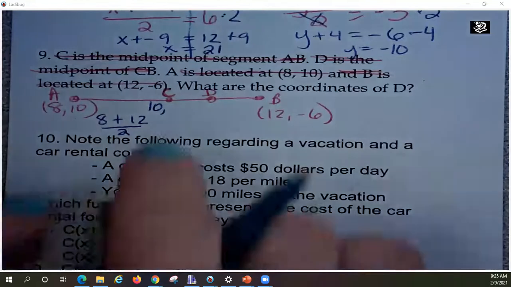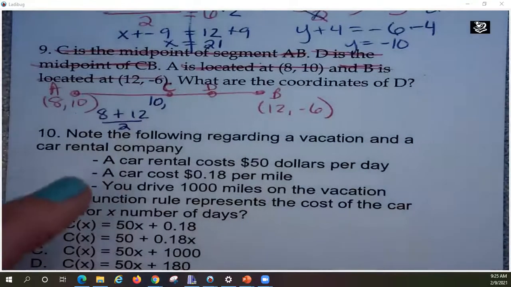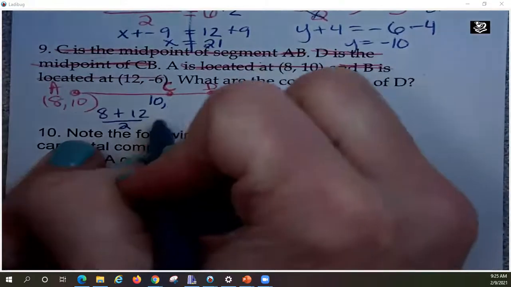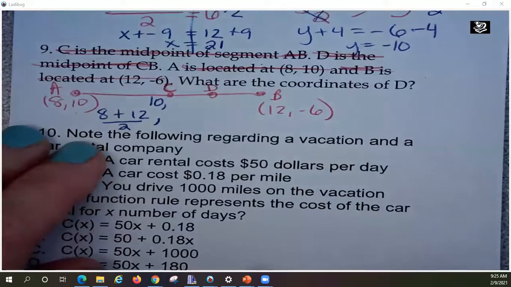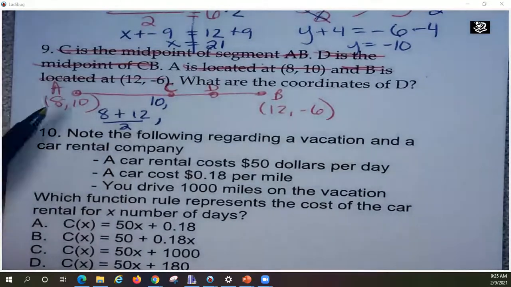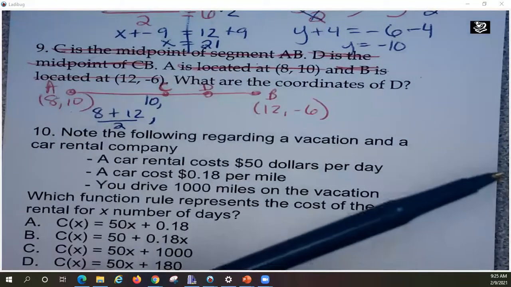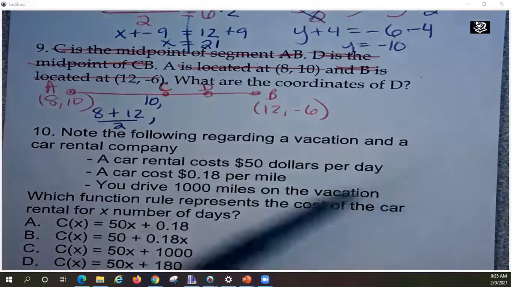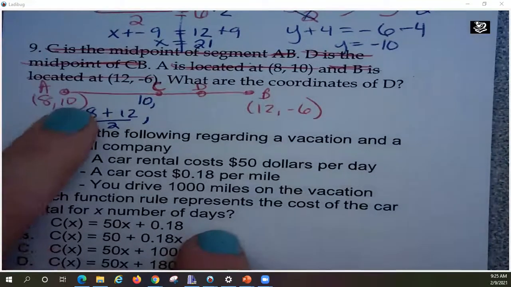Paulo, how would I find the other number? What would I do? Paulo, I did 8 plus 12 divided by 2. What else do I need to do? Add the negative 8.